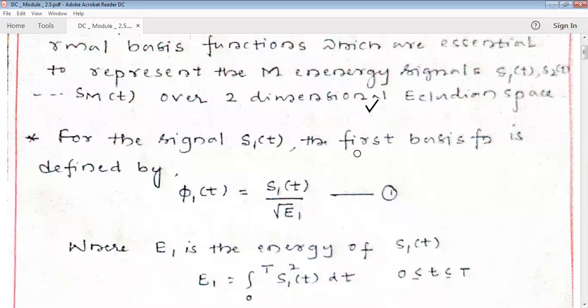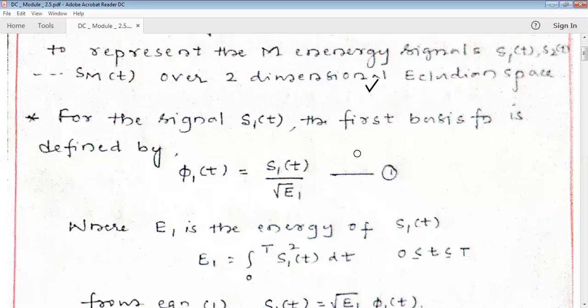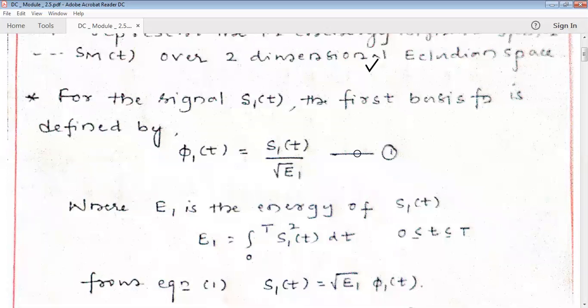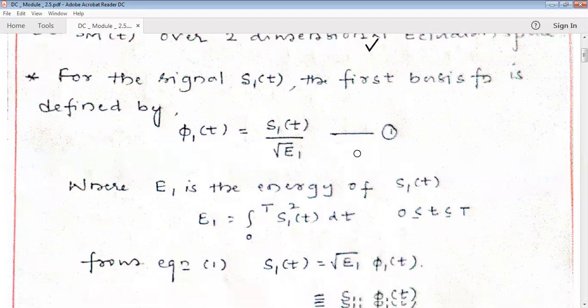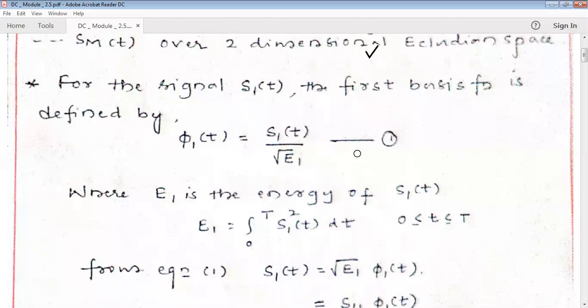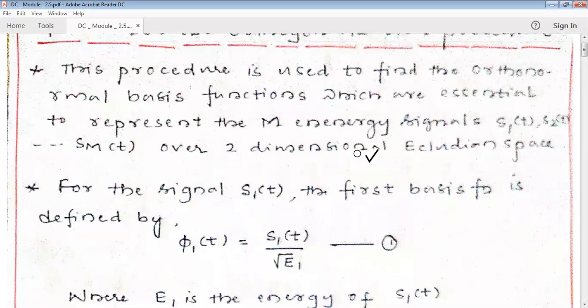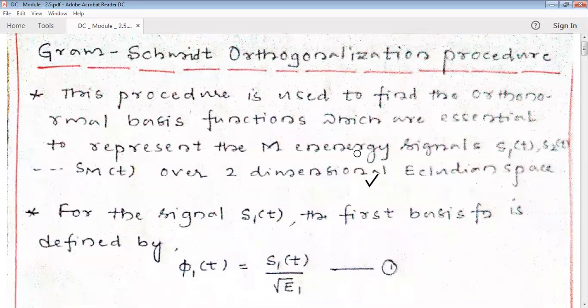So if there are m signals in the signal set Si of t, and we have to represent each signal geometrically over two-dimensional space with the help of basis functions, the need of basis functions is very simple and clear. They are required to represent the m different signals in the set geometrically. And to calculate the different orthonormal basis functions, we have a procedure known as the Gram-Schmidt orthogonalization procedure.